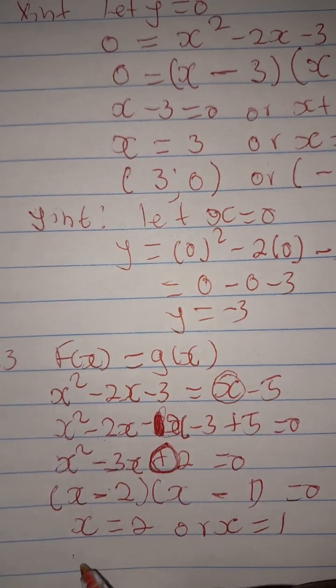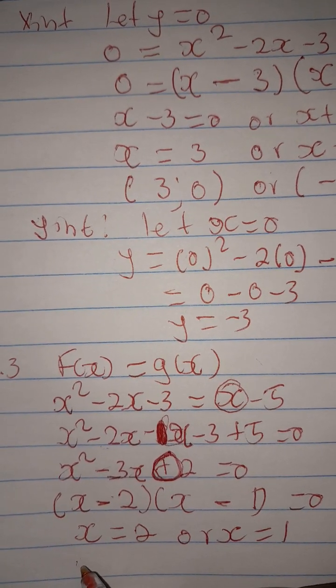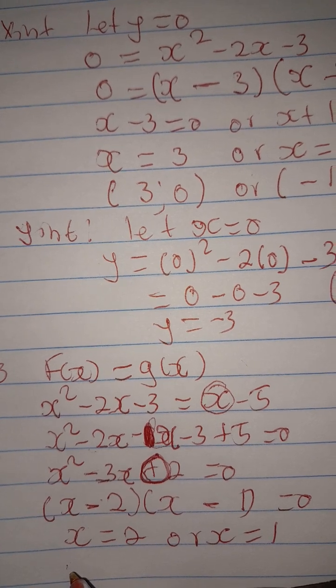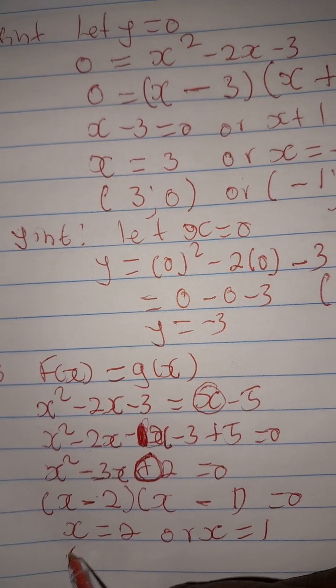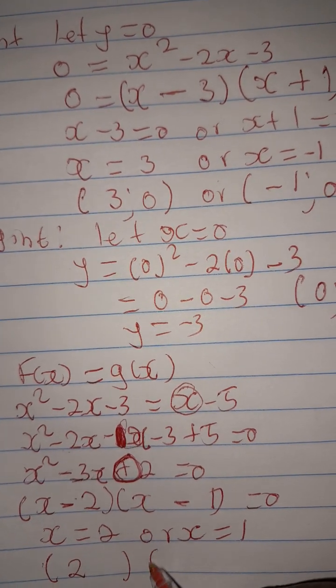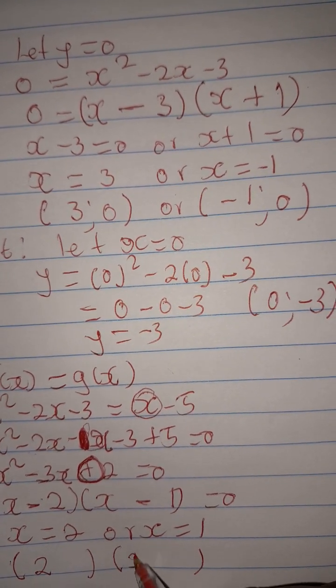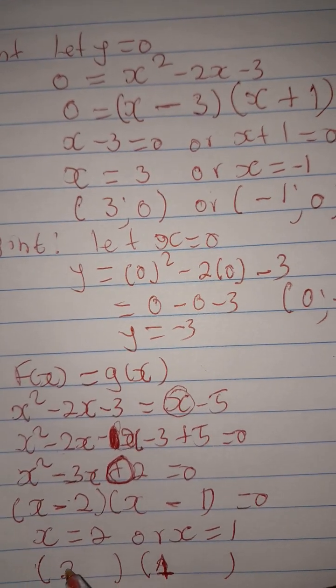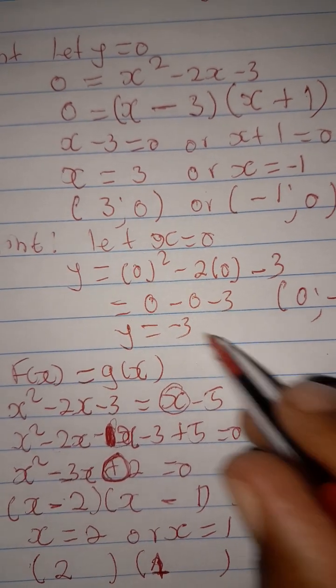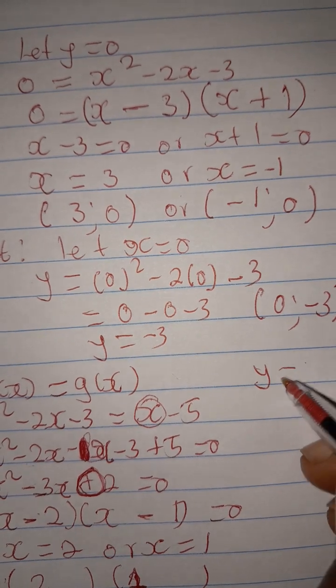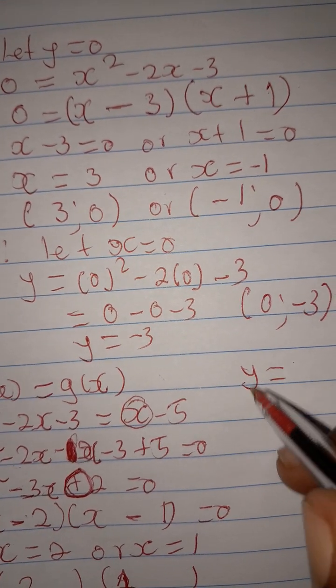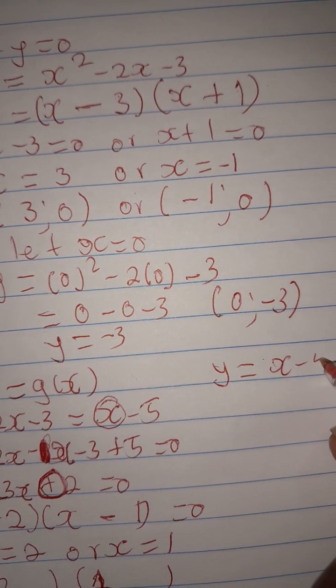What we should do, guys, now, remember they said we should determine the coordinate of the point of intersection of both graphs. So we already have the x values. So we can take these x values and substitute into either of the graphs. Let's substitute into the graph of g of x, which is y equals x minus 5.